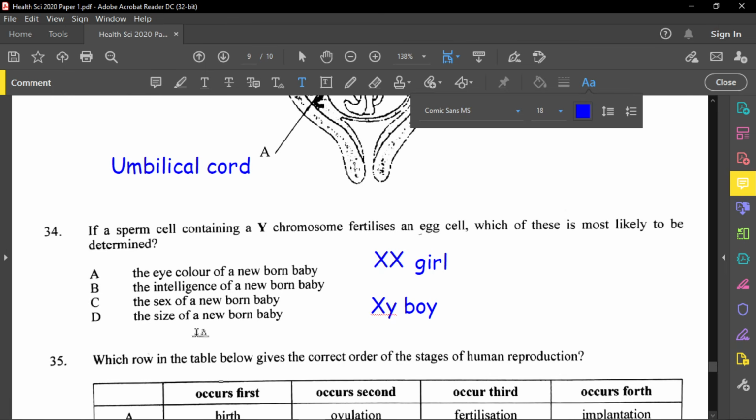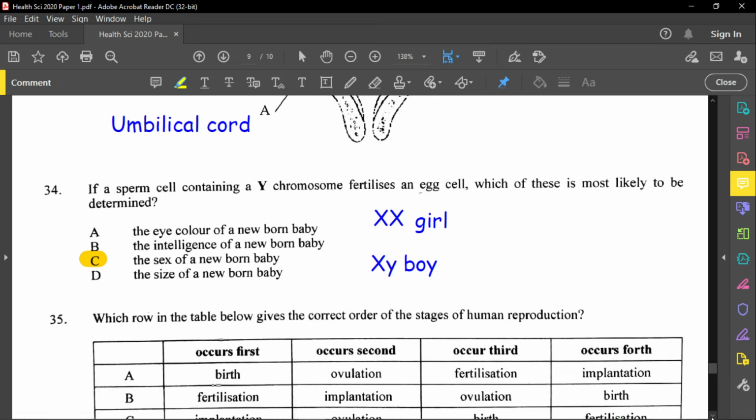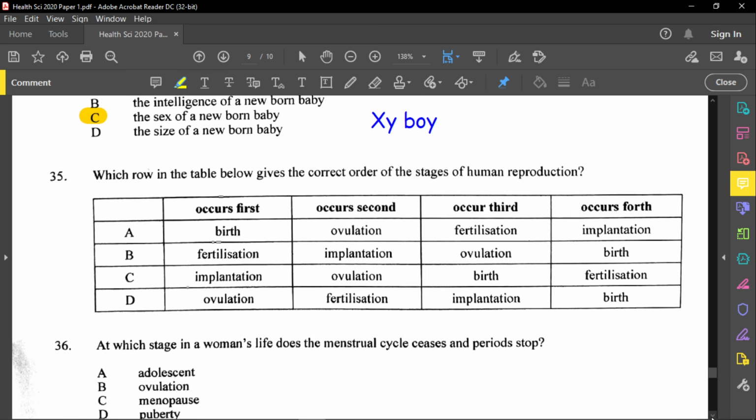So it helps us determine the sex of the newborn. Since it mentioned the Y chromosome, it determines gender, and the child that will be born will be a male child, or a male baby.